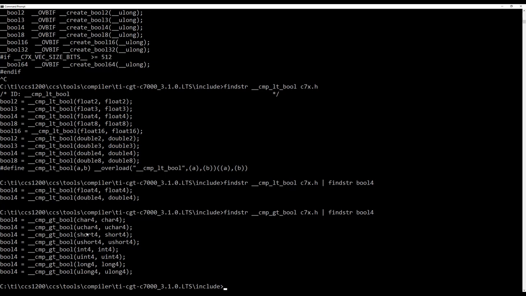And when I say integer types, I'm talking about char, uchar, and so on. So this is how you can work out what sorts of intrinsics are supported, and what those intrinsics can do for you, by inspecting the c7x.h file in a manner similar to this.